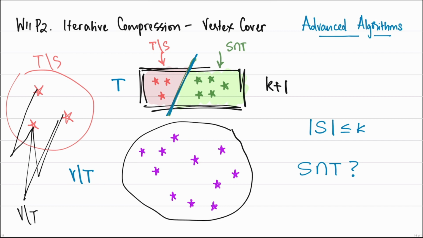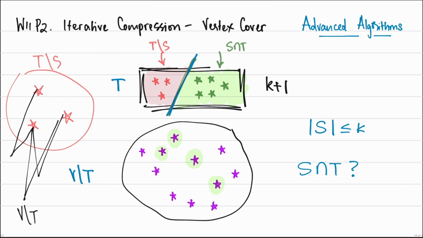So in other words, look for every vertex in V minus T that is a neighbor of somebody in T minus S, okay? So essentially look at the neighborhood of T minus S. We have decided that there are no neighbors within T minus S. So the neighbors are either in S intersection T or V minus T. So look for the neighbors in V minus T. And we know that these vertices in V minus T that have edges into T minus S, they're now forced into S because these edges have to be covered.